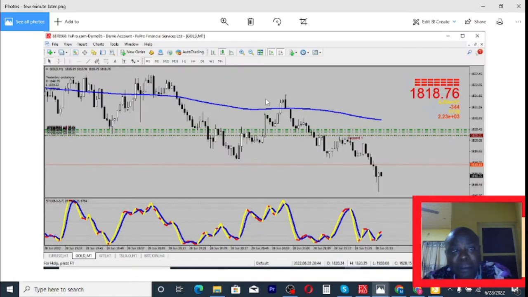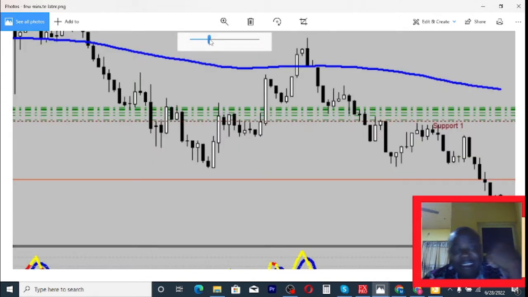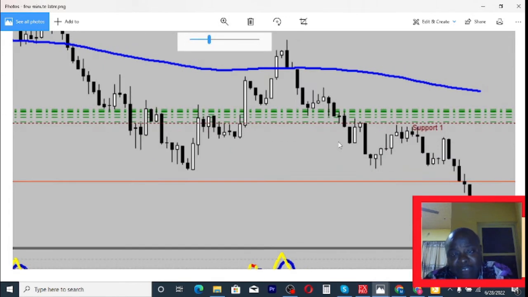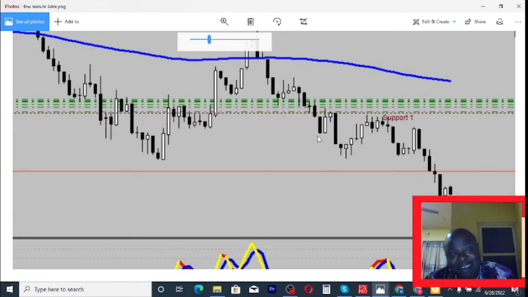Now if you look at my 1 minute from here, this is my 1 minute chart. Let's see how the 1 minute chart goes. Now from here, I realize that when the prices are coming down, because my 15 minute and some other time frames have been typically down since yesterday, I don't have any reason to begin to look forward to an uptrend.